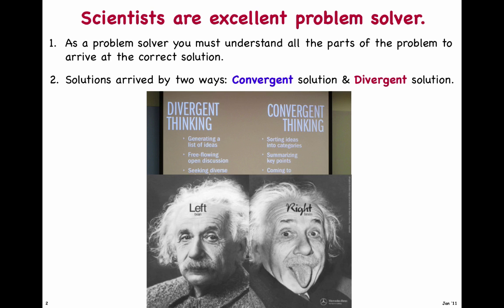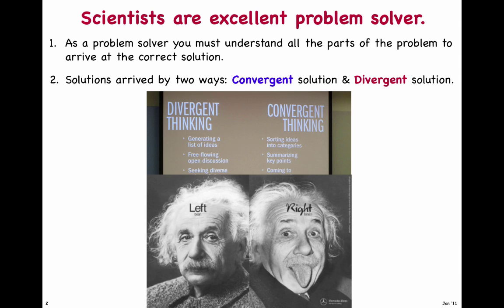As problem solvers, scientists must understand all parts of the problems to arrive at the correct solution. Solutions can be arrived at by one of two ways: either through divergent thinking, which leads to divergent solutions, or convergent thinking, which leads to convergent solutions.